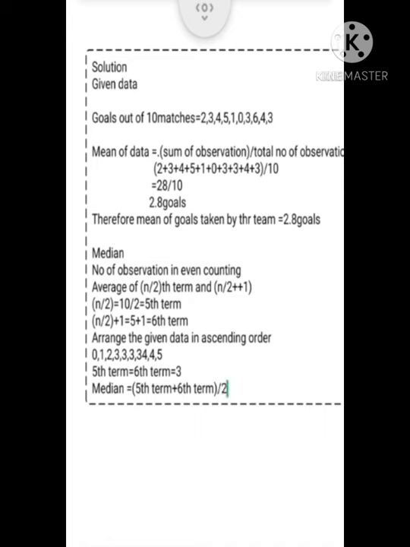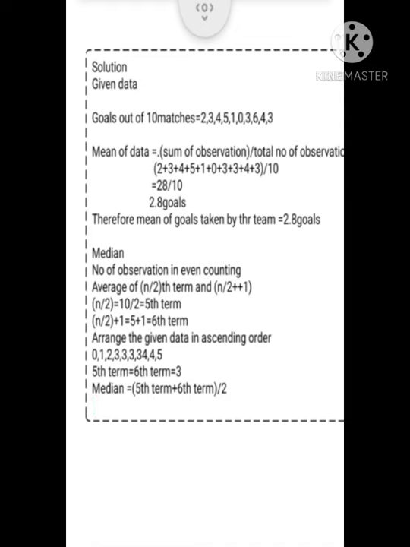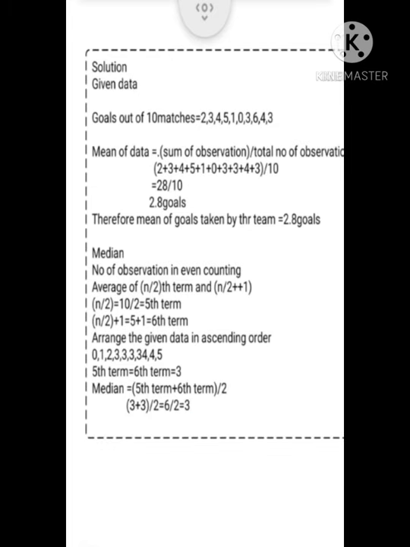The fifth and sixth terms are both 3, so we write 3 plus 3 divided by 2. 3 plus 3 is 6, and 6 divided by 2 is equal to 3. So the median of the given data is 3.